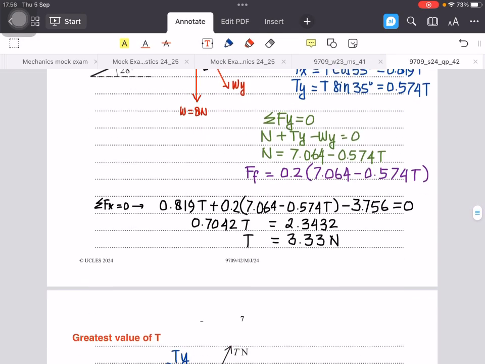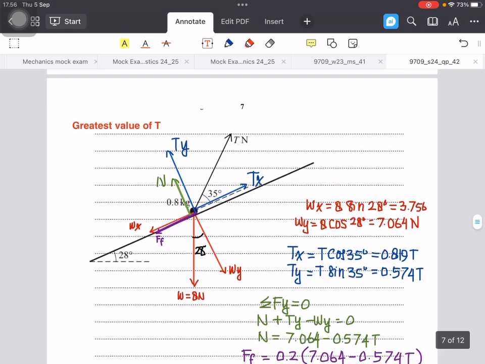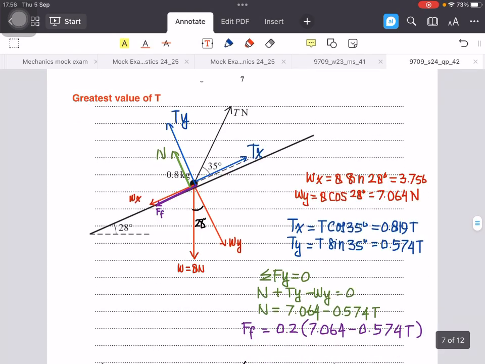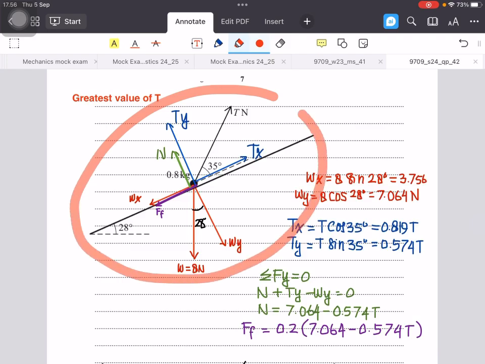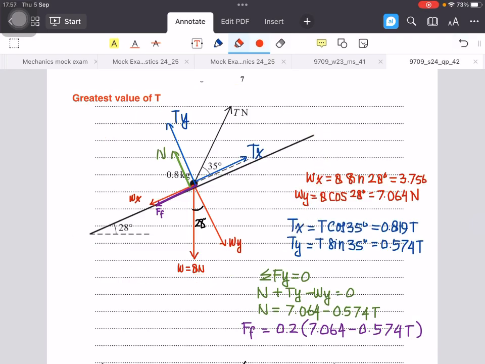And then for the greatest value of T, the diagram is 90% the same as the previous one. The only thing that is different here is that since T is as big as possible, the particle tends to move up, so the friction force is down the plane.